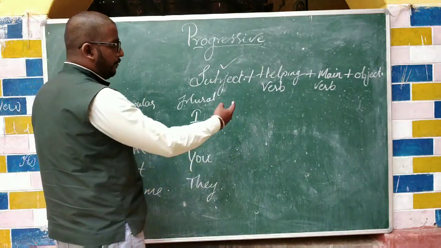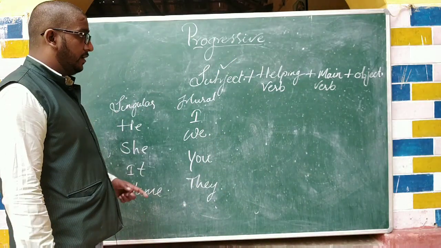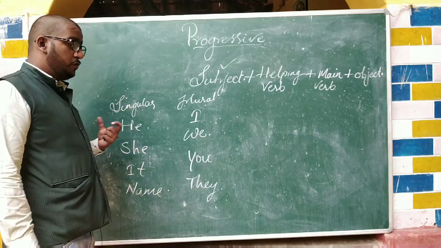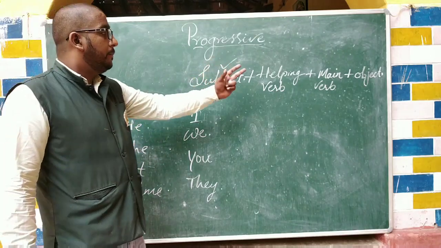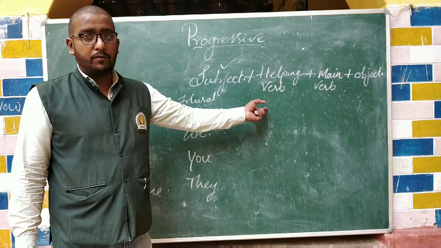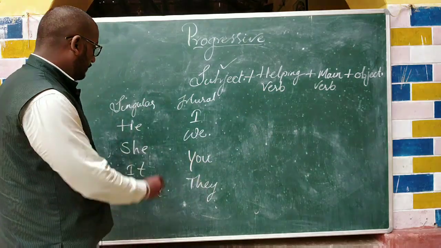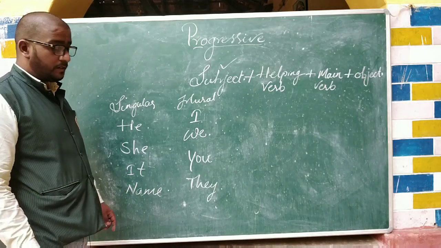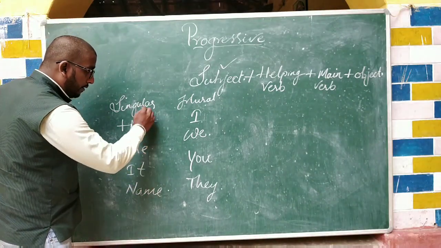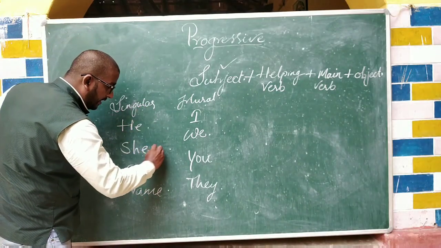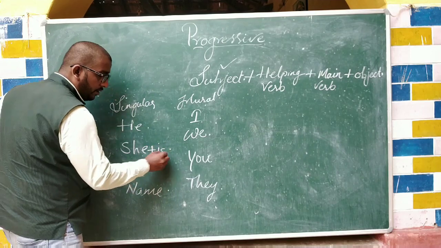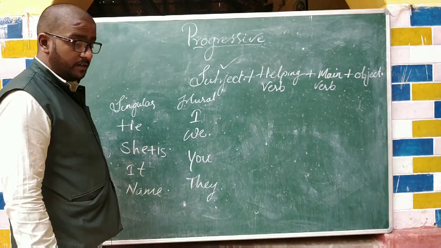Now we need a helping verb. So you have to be very clear that what subject you are choosing, that will be making you to understand that which helping verb or auxiliary verb you have to choose. So for singular subject, if your subject is singular, आपको subject के साथ क्या add करना है? is. What do you have to add with subject? is. Okay.